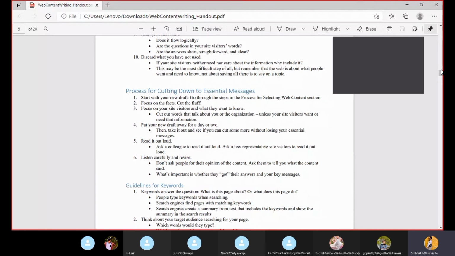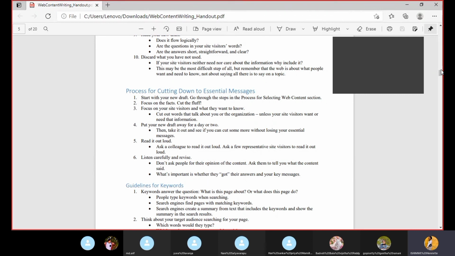Because if you ask the visitors and they give their opinion about the content, most of the time that shows they have not understood what your content is providing to them. So here you just sit and ask your visitors of the webpage or audience in general to tell you about the content that you have provided to them.